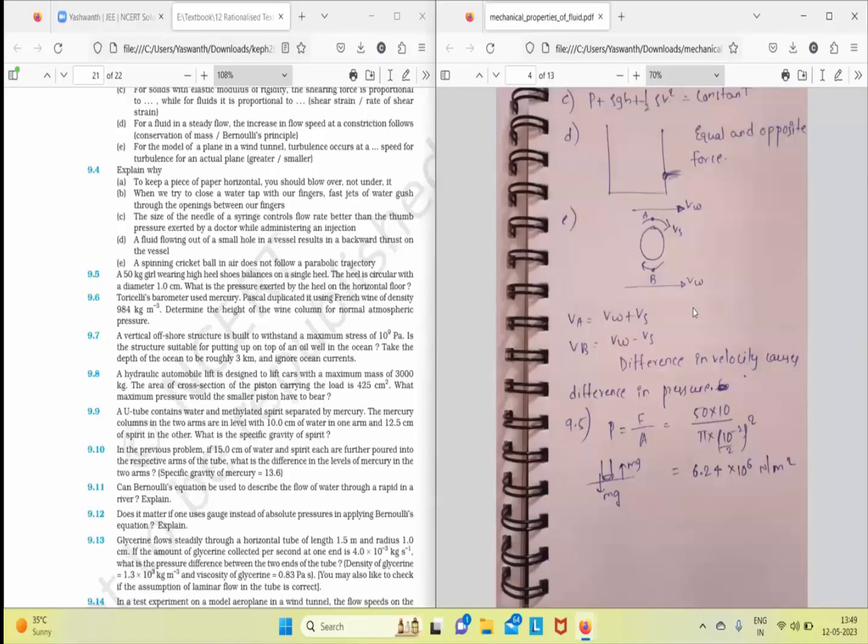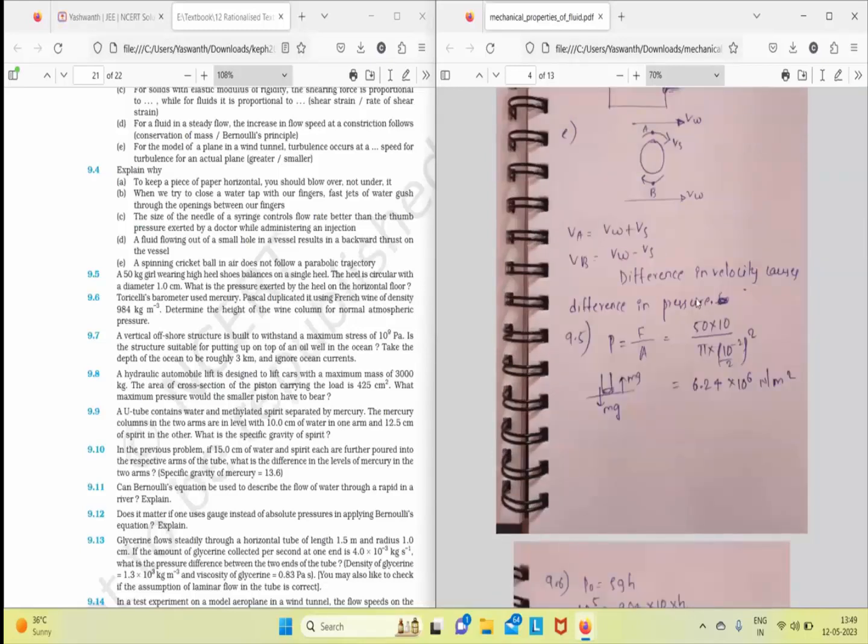Here, velocity of A is greater than velocity of B, right? So pressure at B will be greater than the pressure at A, which means that the upward force will be greater than the downward force. So if you throw a stone upwards, the only force that acts on the stone will be gravity. But if you spin a ball, along with gravity, along with the mass of the ball, you always have some kind of upward force. Due to this, the ball won't follow an exact parabolic trajectory.